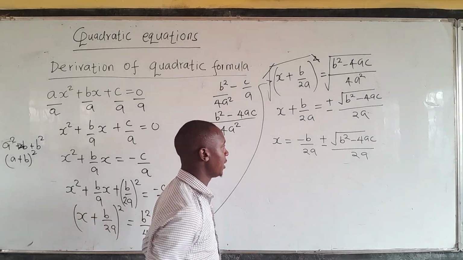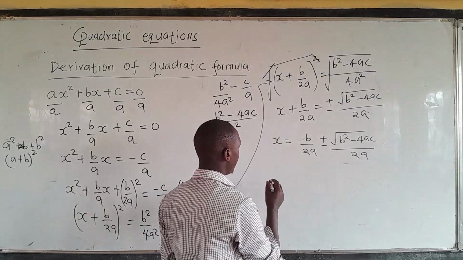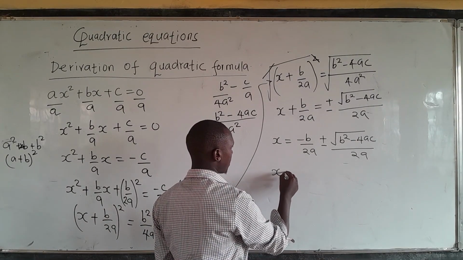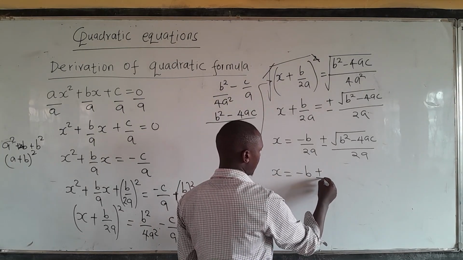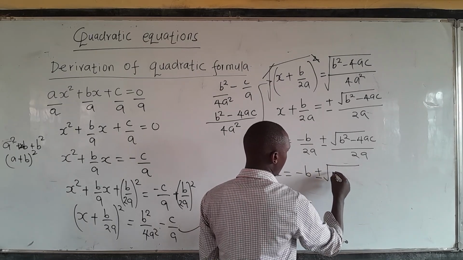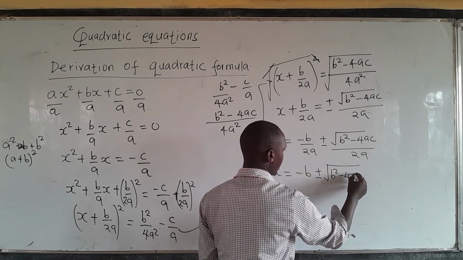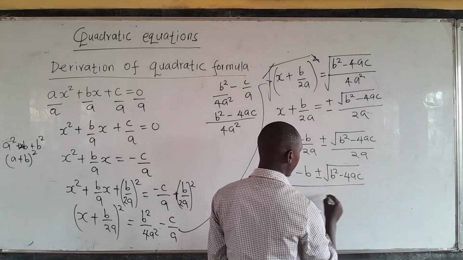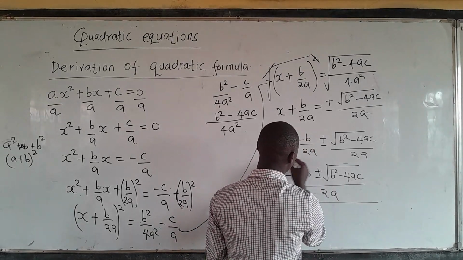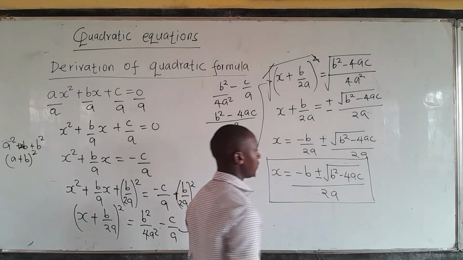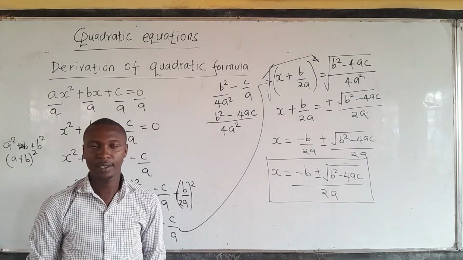We combine them into a single denominator, and x equals negative b plus or minus the square root of b squared minus 4ac, all divided by 2a. This becomes the quadratic formula. We can use this equation to solve so many problems, and that's how we do it.